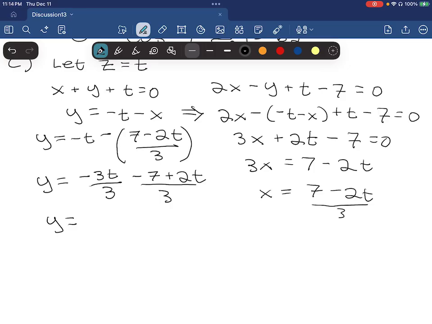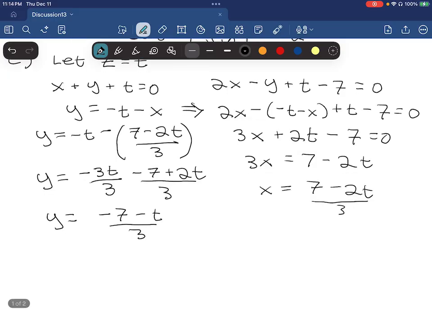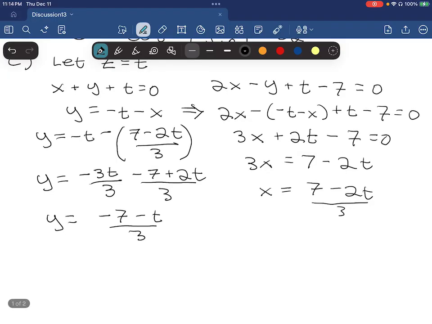All right, so now I have minus 7 minus t over 3. And it looks like I've gotten my parametric equation of a line. I just got to write it down at the bottom. So x equals 7 minus 2t over 3.